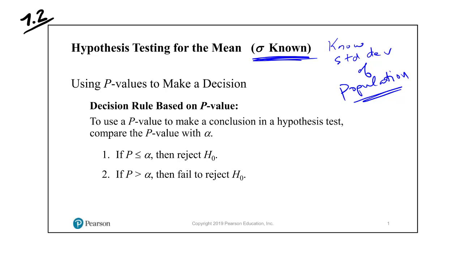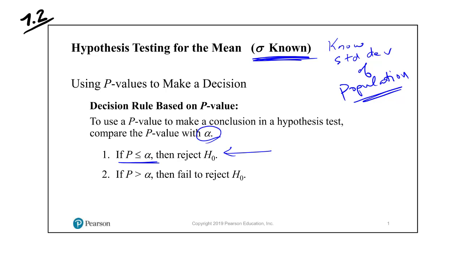All right, so let's just backtrack a little. We stated this last time, but this is how you're going to use the p-values to make a decision. Then we'll see how we find the p-values, and we'll put it all together in some examples. So the idea is, once you have a p-value, you're comparing it to your alpha, your level of significance. If your p is less than or equal to alpha, then you reject H0, the null hypothesis.